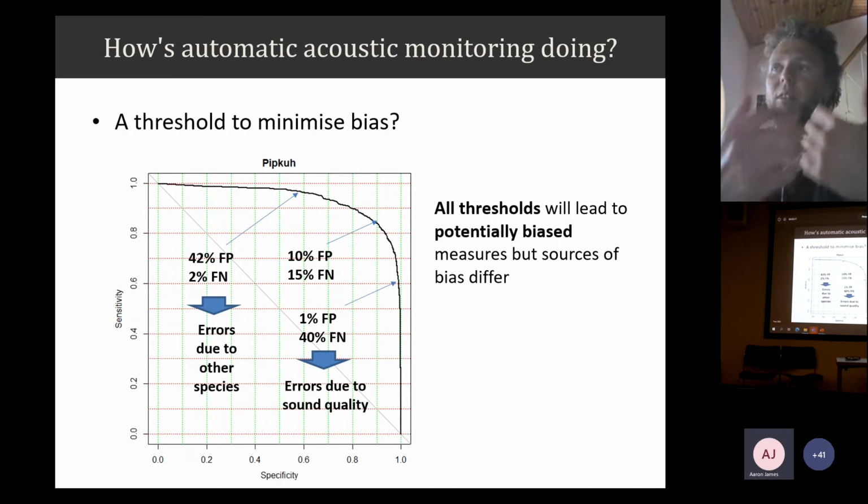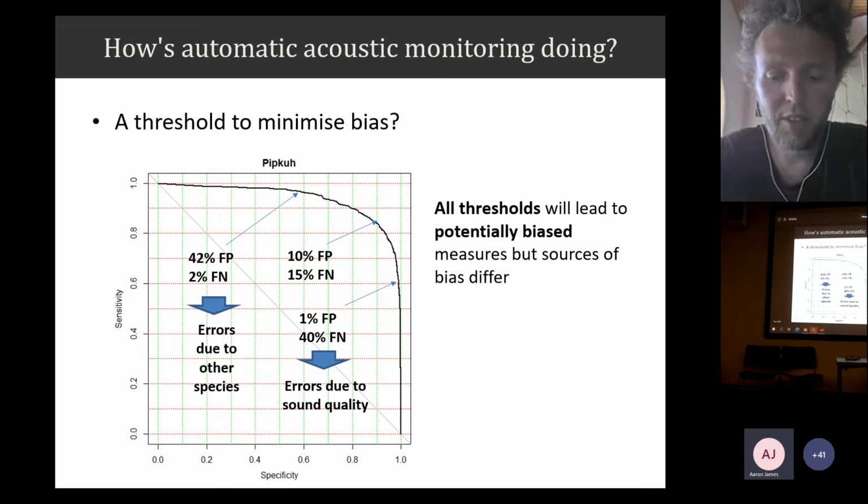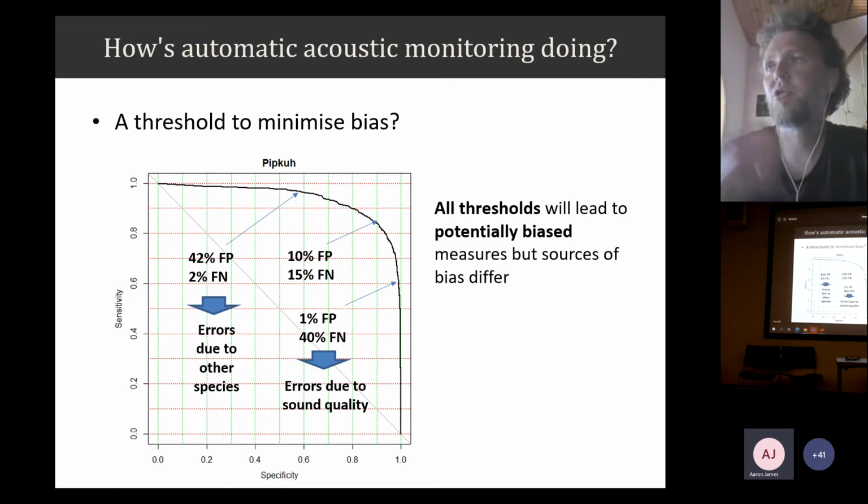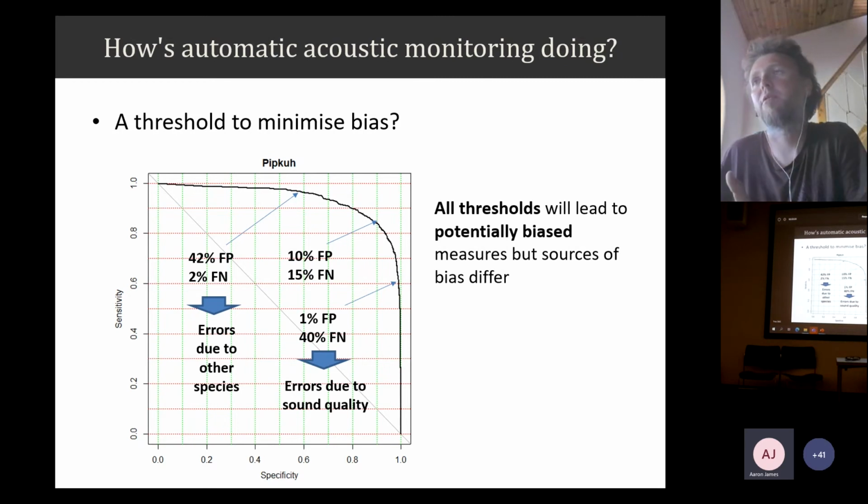But false negatives are not always randomly distributed in space. They are usually induced by low quality calls, and this can be induced, for example, by vegetation density or something. So you can also have bias with a very careful threshold.